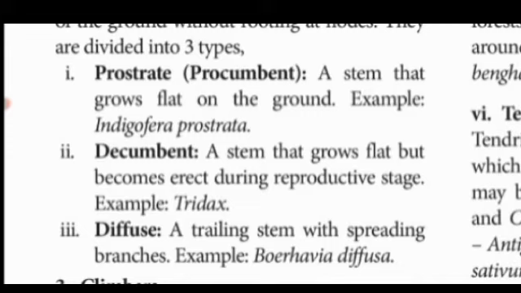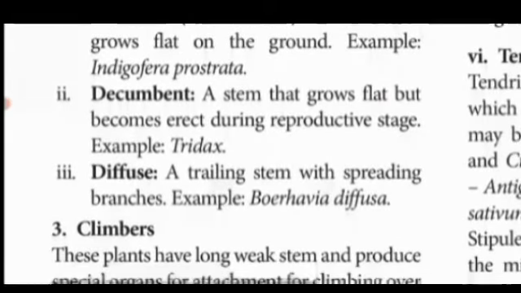Prostrate, also called procumbent, is a stem that grows flat on the ground like a mat. Example, Indigofera prostrata. Decumbent is a stem that grows flat but becomes erect during the reproductive stage.